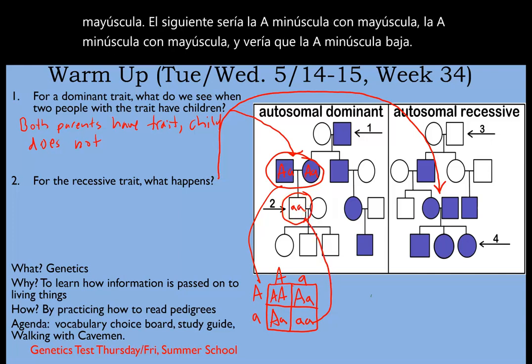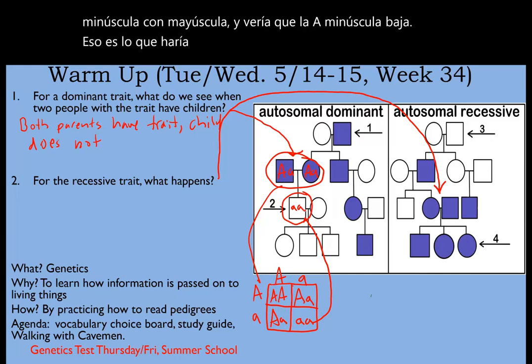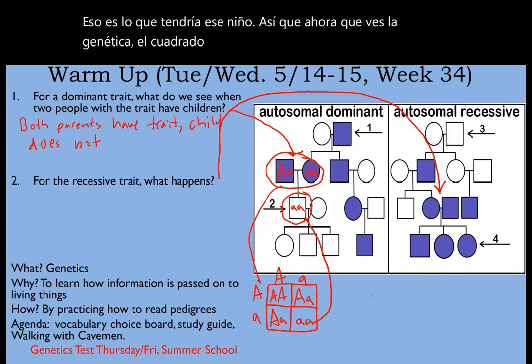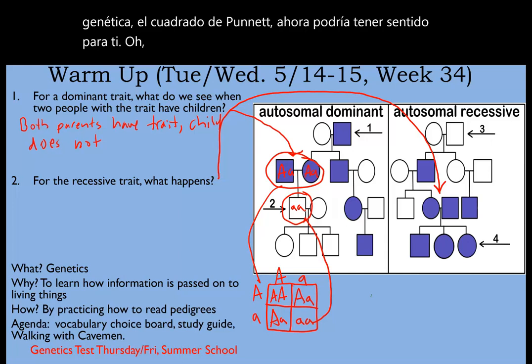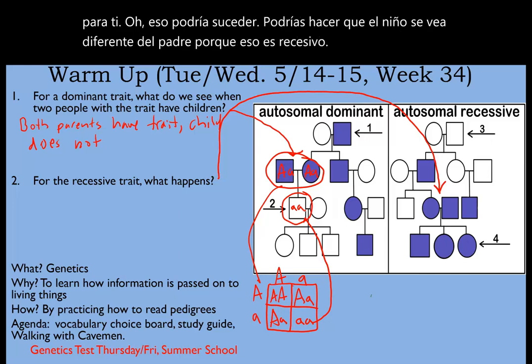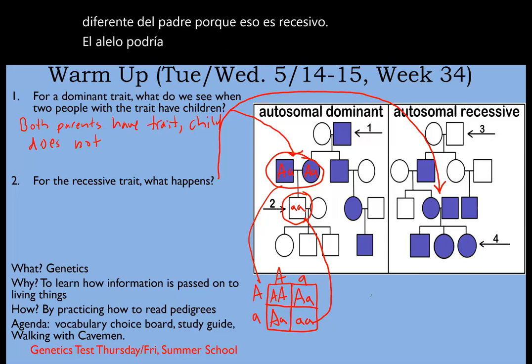That's what that kid would have. So, now that you see the genetics, the Punnett square, it might kind of make sense to you. You could have the child look different from the parent because that recessive allele could be hiding out, and in this case, there's no dominant allele to show the trait.